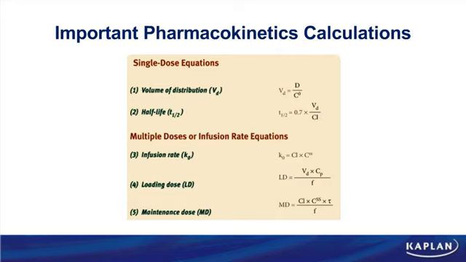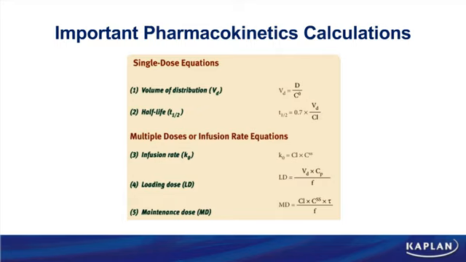Now, let's focus on the differences. Do you notice how maintenance dose involves renal clearance and loading dose, volume of distribution? I like to think about it this way. If I'm going to dose somebody day after day after day with a maintenance dose, I need to know renal function. I want to know clearance if I'm going to dose them day after day.